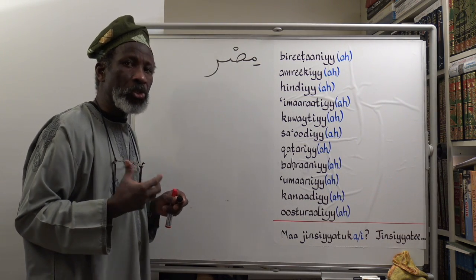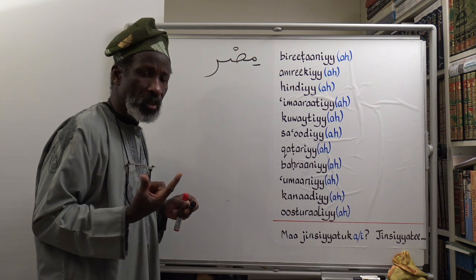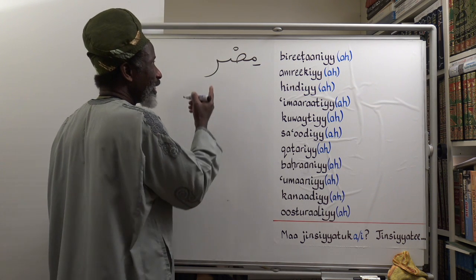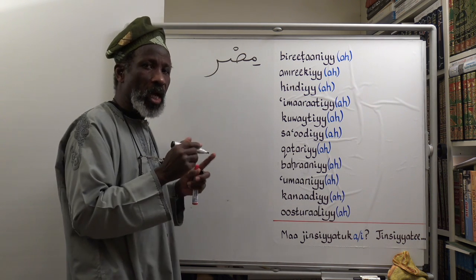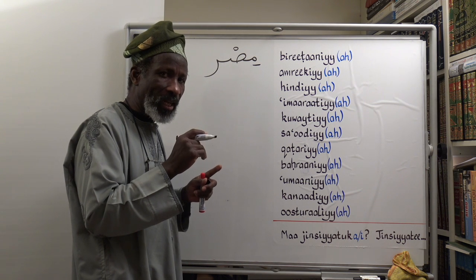Now, to say Egyptian, I am an Egyptian, you need to amend the name of the country slightly.